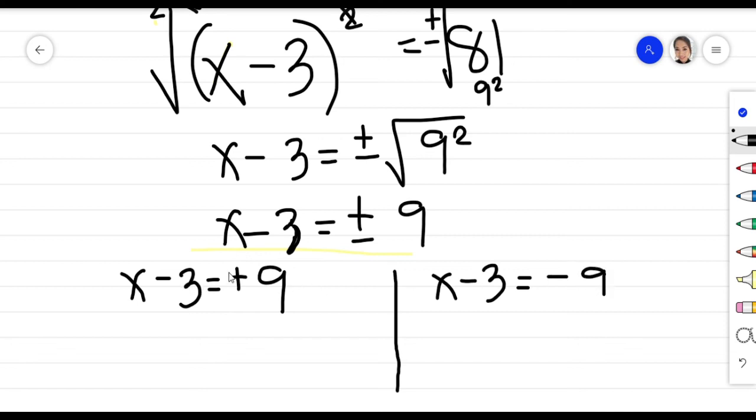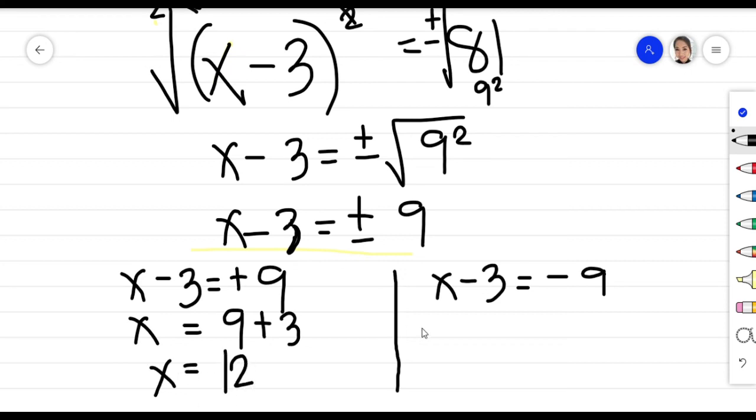So what we will do, we will solve for the value of x here and at the same time here. So we have to transfer negative 3 to the right side of our equation, so it becomes x equals 9 or positive 9, then transfer negative 3, that becomes positive 3. So x here is equal to 12.